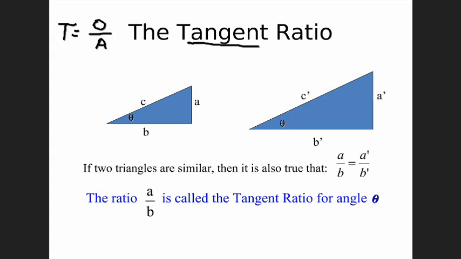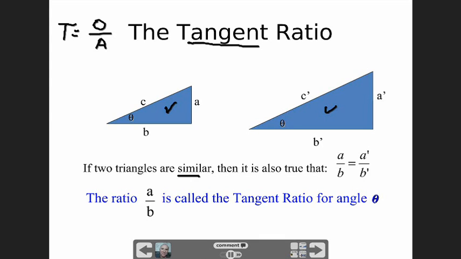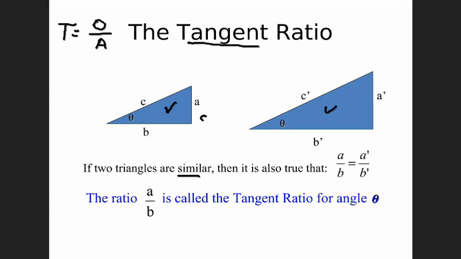And what this is saying is if two triangles are similar in shape, which you can see that this one is similar to this one, this says that if on this guy over here, A is divided by B, you're going to get the same thing as this guy's A prime divided by B prime. It says that this guy is going to be equal to this guy.